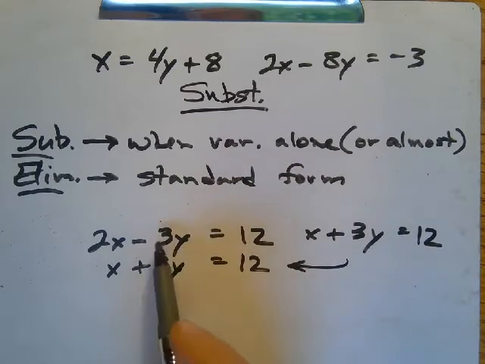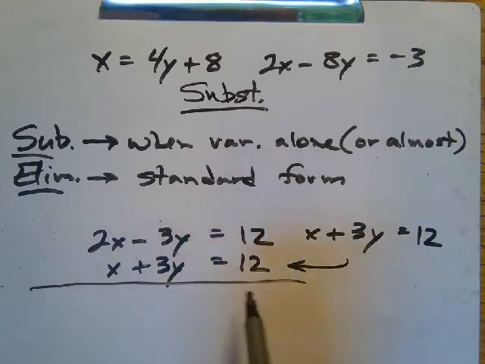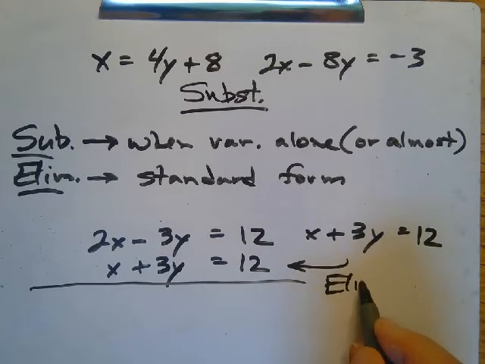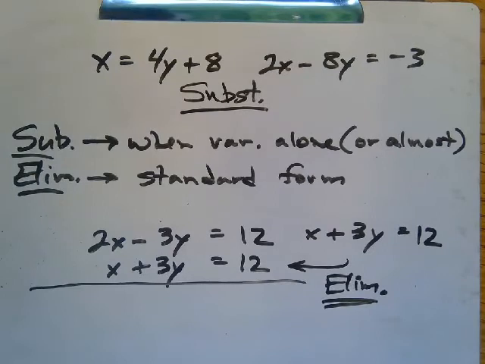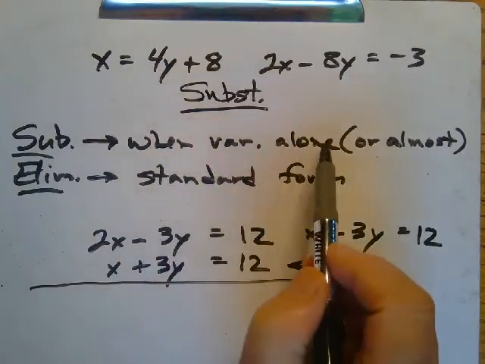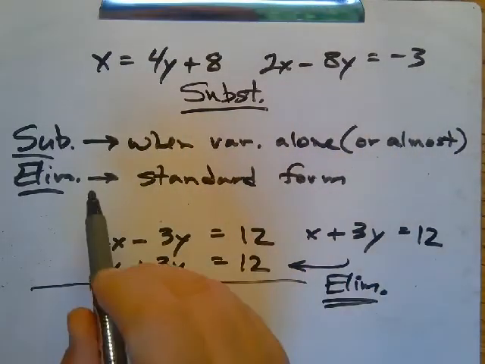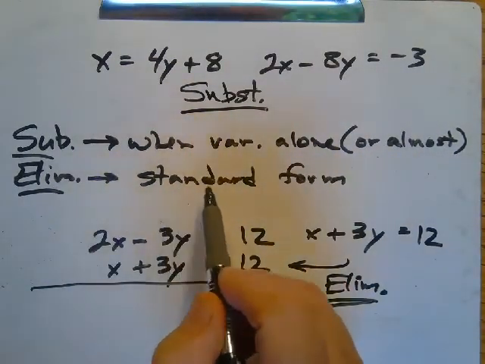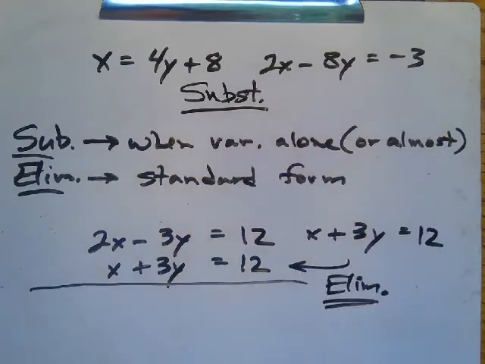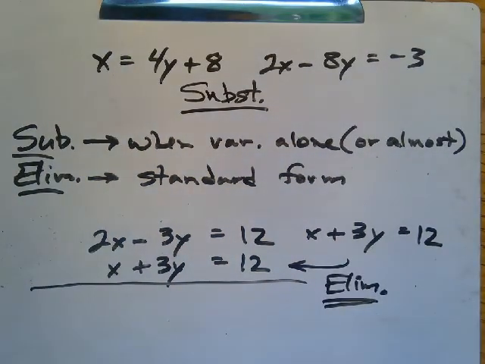And when I add these two together, y turns out to drop out. So the better method here would have been the elimination method. So when you're given the option of which method you want to use, bear in mind that substitution works great when there's a variable alone or almost alone, and elimination works best when things are in standard form or easy to get into standard form.